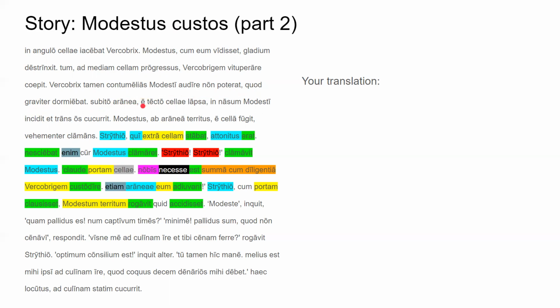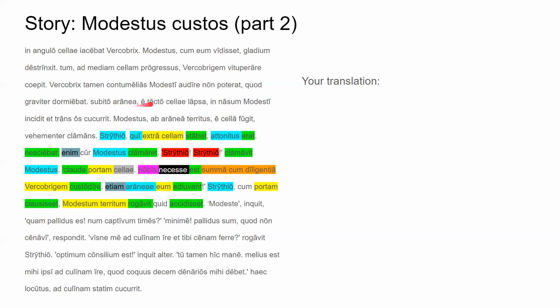Subito araneae, so suddenly, what are they called? The creepy crawly things, arachnophobia, spiders. Suddenly, spiders, lapsae e tecto cellae, having fallen from the ceiling of the cell, incidit in nasum Modesti, landed, fell upon the nose of Modestus, so landed on Modestus's nose, et trans os cucurrit, and ran across his face.